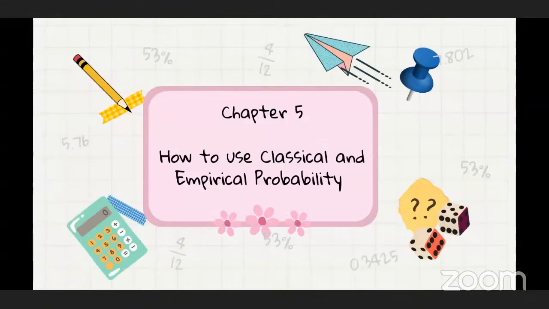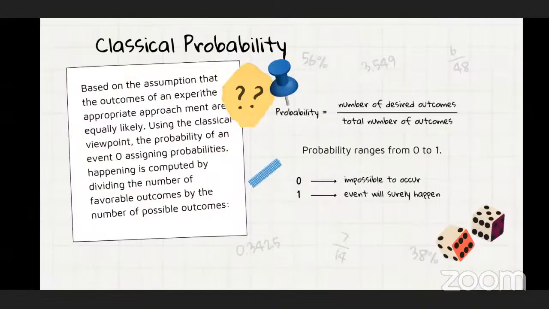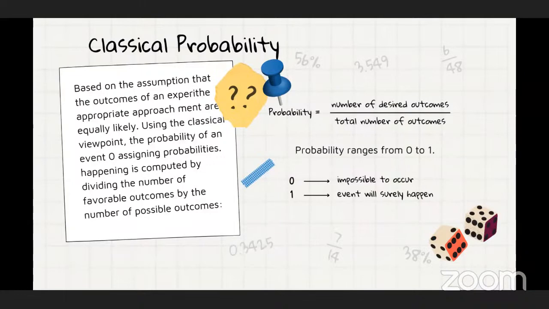And next, I'm going to explain chapter 5, which is how to use classical and empirical probability. Classical probability is based on the assumption that the outcomes of an experiment are equally likely.